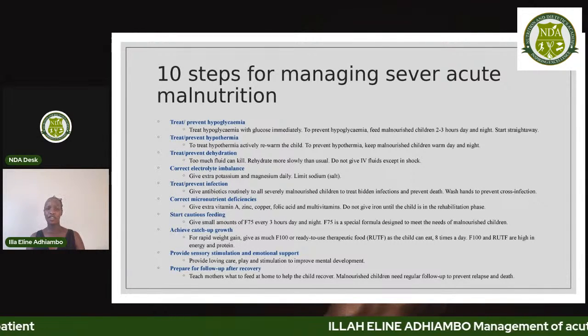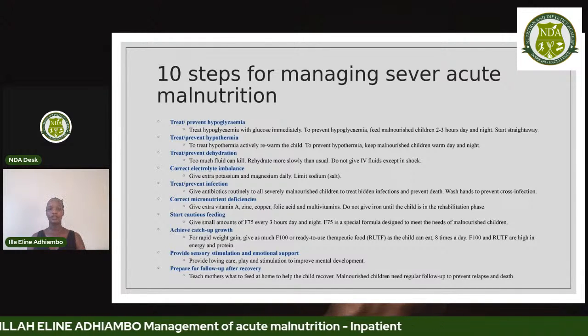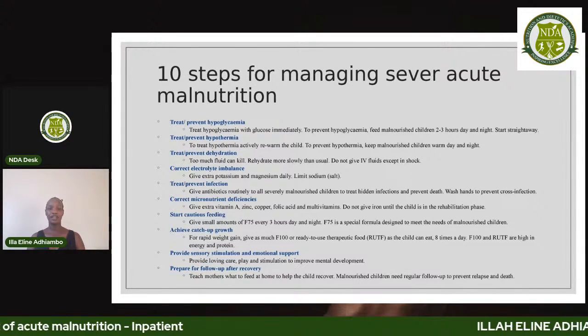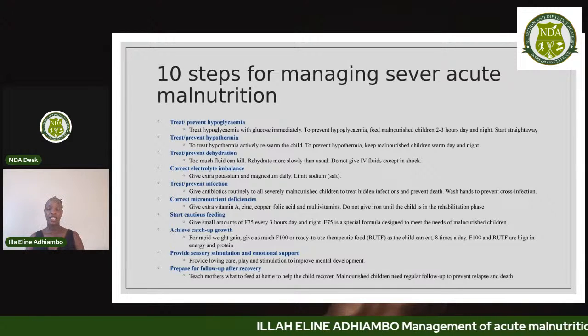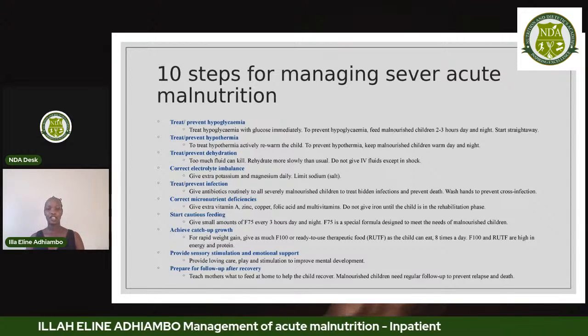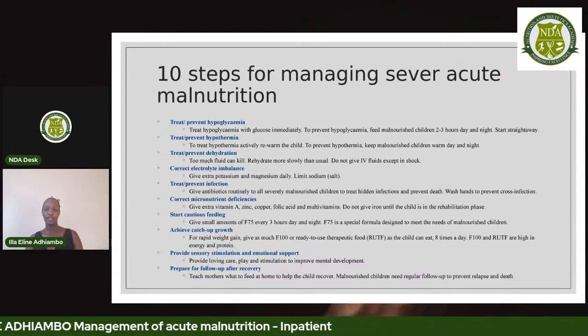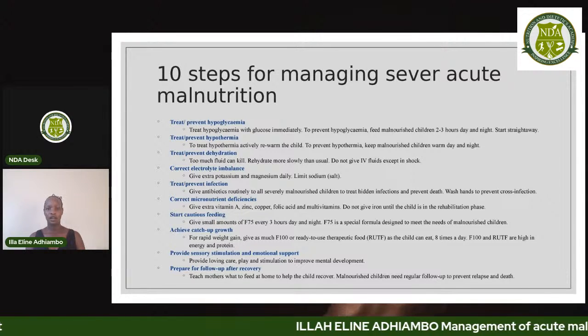And then the fourth thing, once we have managed dehydration, we're going to treat electrolyte imbalance. So we are going to use ReSoMal and F75 formulas, which are still going to give us electrolytes. In this case, we are avoiding sodium, but we're giving more potassium and magnesium. Why are we reducing sodium? If sodium is in excess, it's going to worsen the fluid retention in the body.